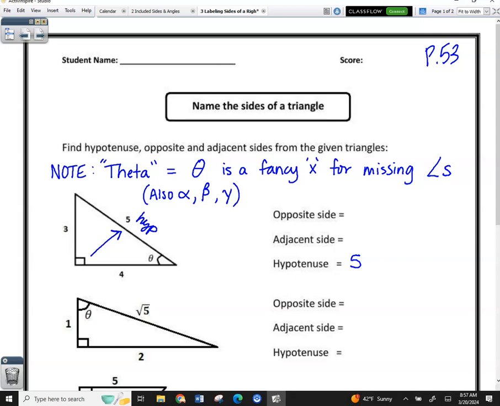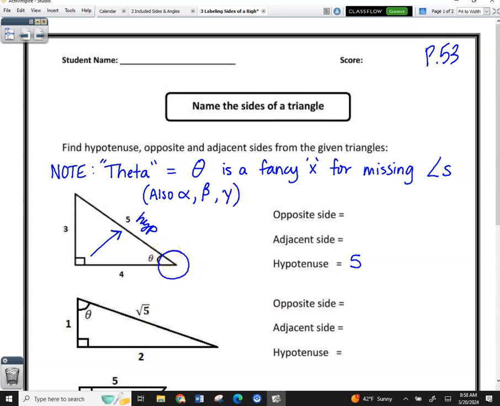This is where it all depends on the angle that they're telling you to focus on. Just like when we label the hypotenuse, we focus on what angle first? The right angle. Then we go to the hypotenuse. Now we're going to shift our focus to the angle that is marked theta. I want you to really shift your focus. Some people circle it.